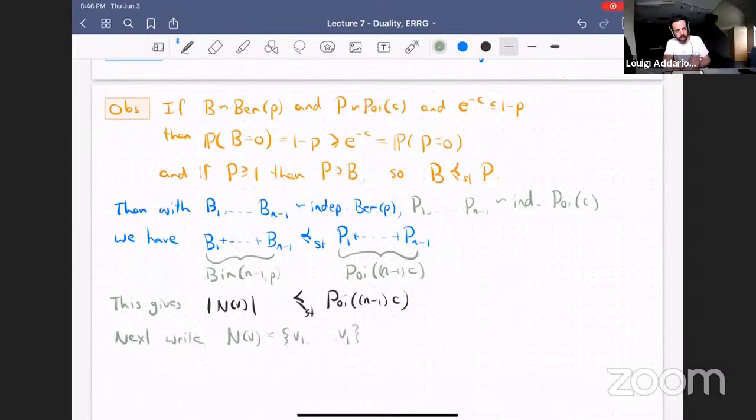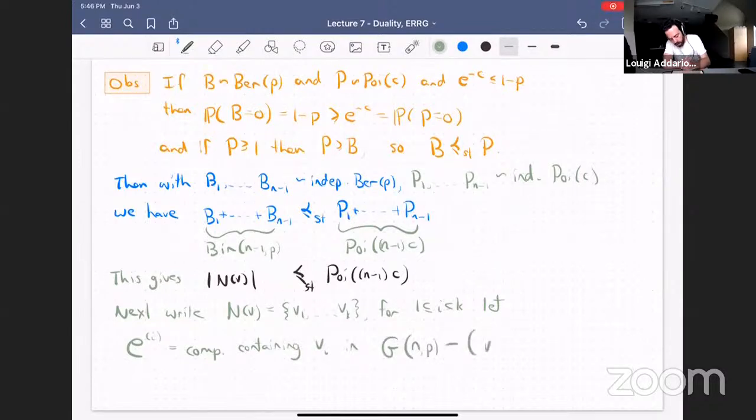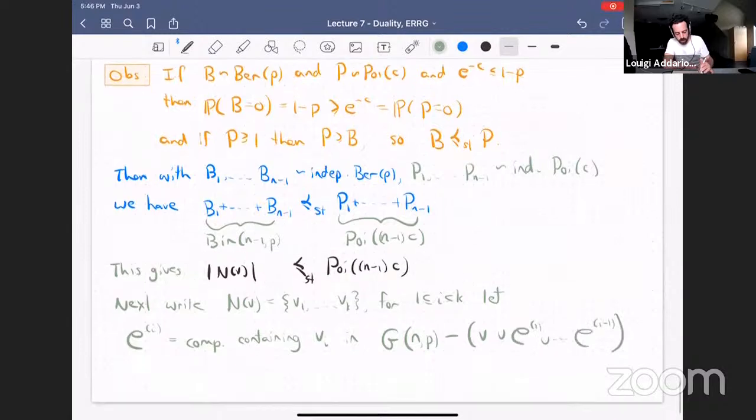K is some random value, and then for i from 1 to k, I'll let ci be the component containing vi in the graph G(n,p) where I remove v, and I also remove the components c1 up to c(i-1). Okay, so maybe a picture of that is in order.